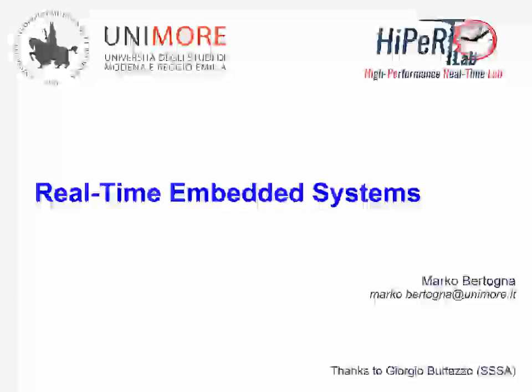Okay? I can order this queue according to any scheduling algorithm that I want. The way in which I sort this queue affects the way tasks are taken and executed on the CPU.